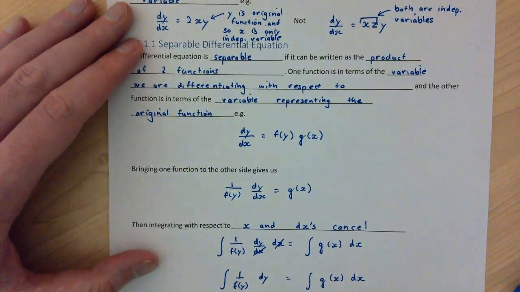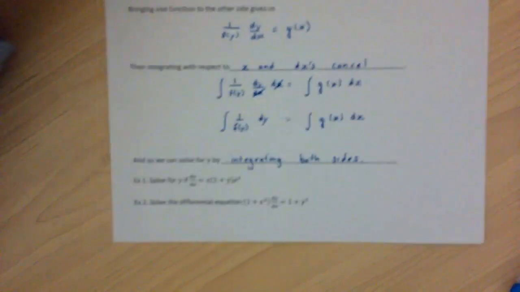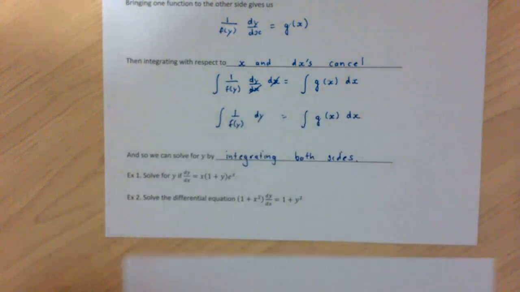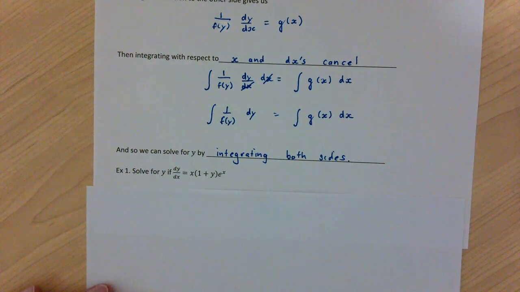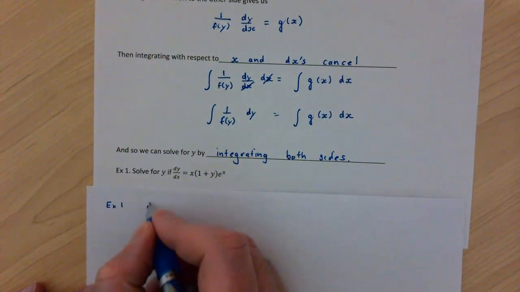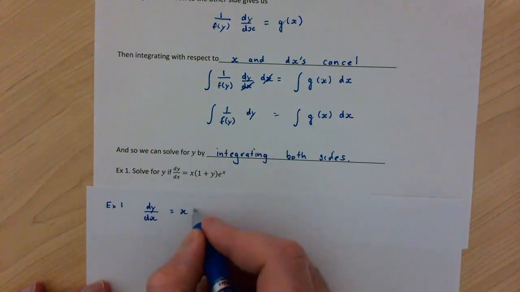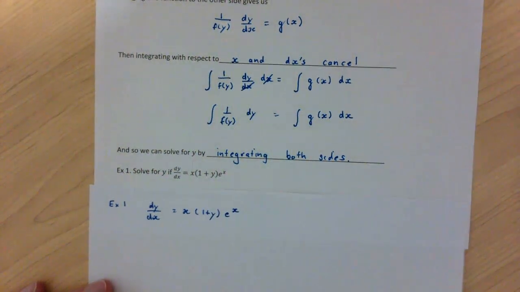Okay, so let's have a look at a couple of examples down there at the bottom of the page. And so the first one is dy dx is equal to x times (1 plus y) e to the power of x.